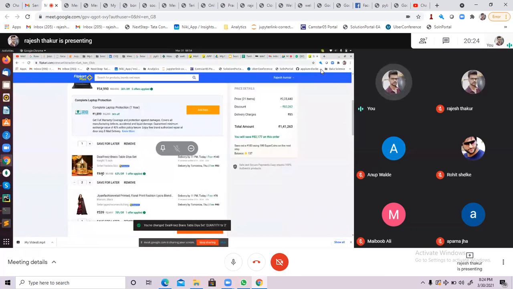So this 440 depends on various factors, like the title and the quantity, meaning how many of these diya sets there are. Many factors affect this price. So whenever something depends on something else, then always go with the dynamic XPath.